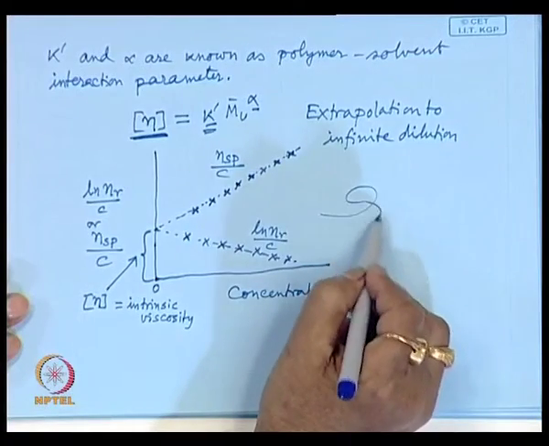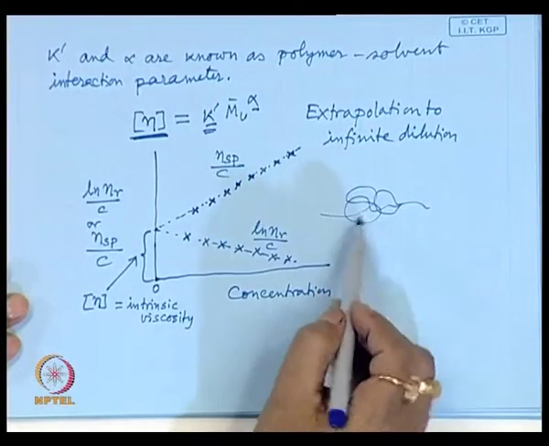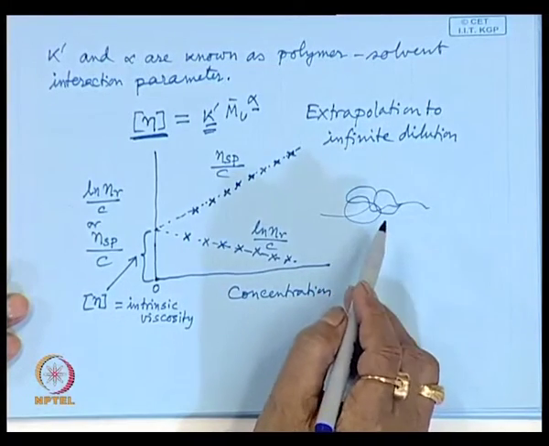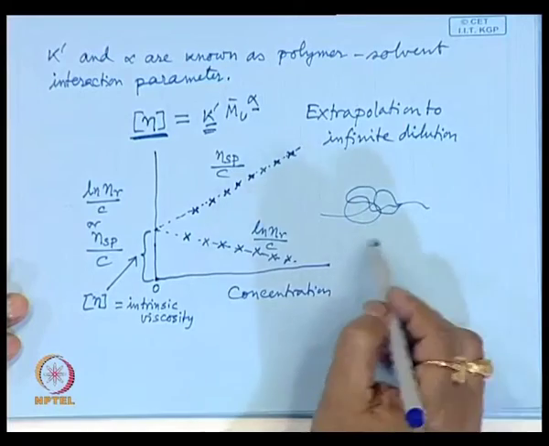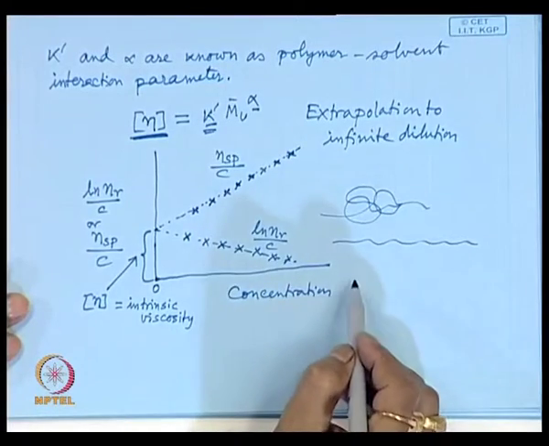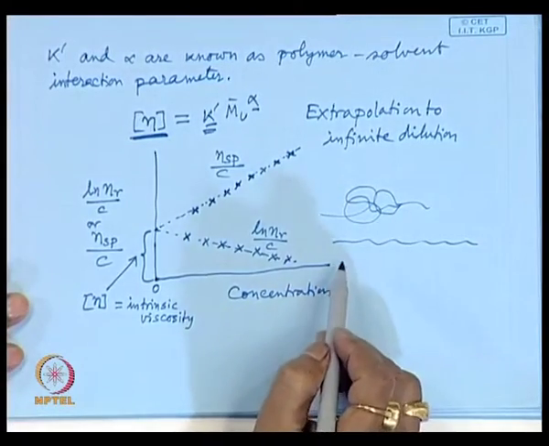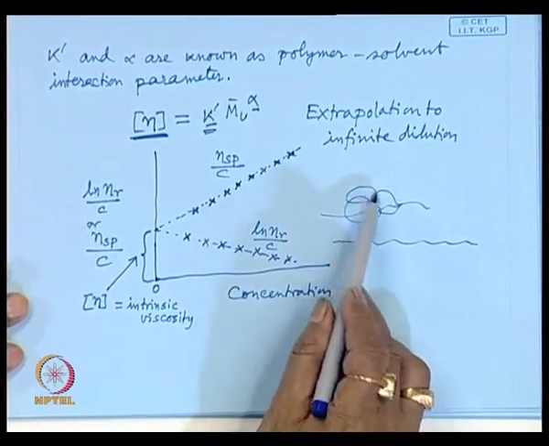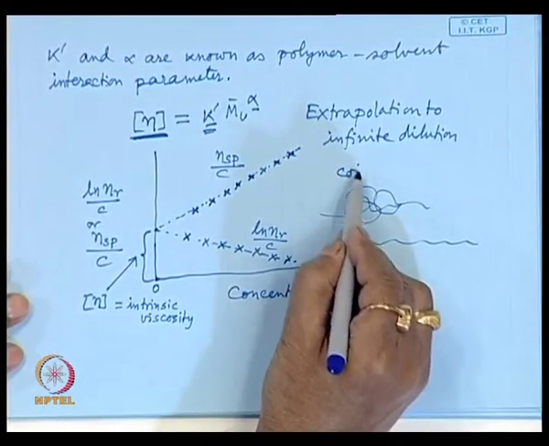If the concentration is higher, there will be more interaction between polymer and polymer molecules, because the configuration of polymers in a solution remains folded and curled. It is not that a linear molecule remains straight; it will be a coiled configuration. This is called the coiled configuration.